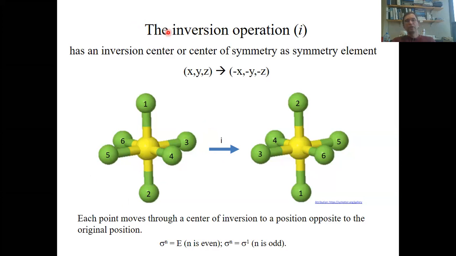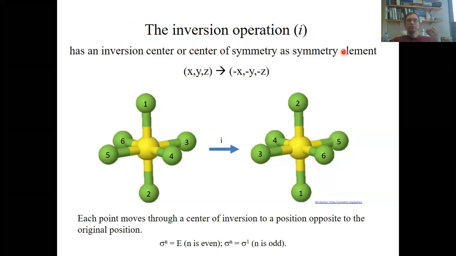So the inversion operation is abbreviated with the Schoenflies symbol i, and each inversion operation is associated with an inversion center, also called center of symmetry, as the symmetry element. So in this case, we have a point as a symmetry element.